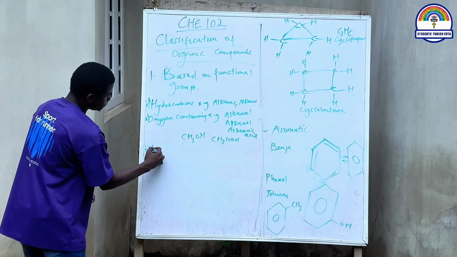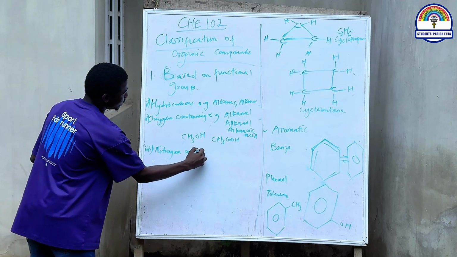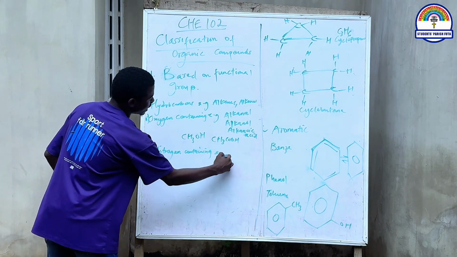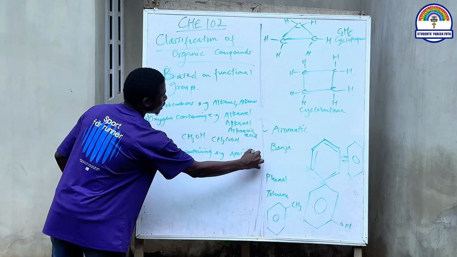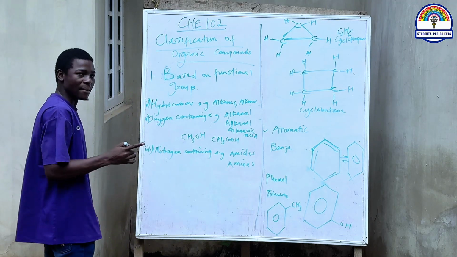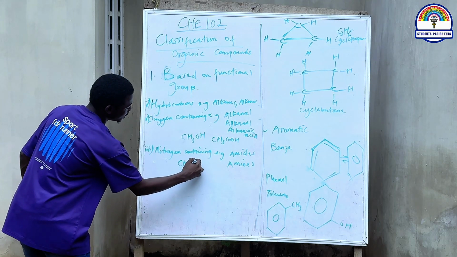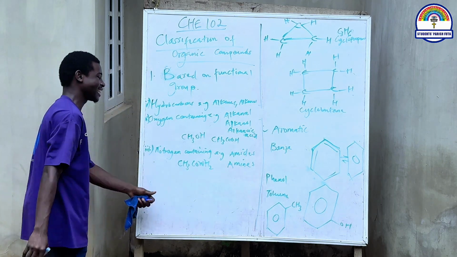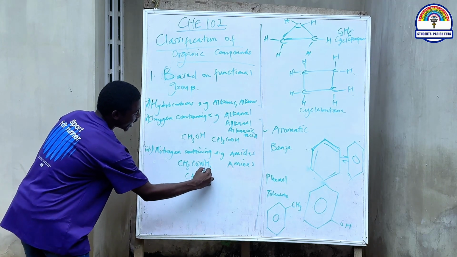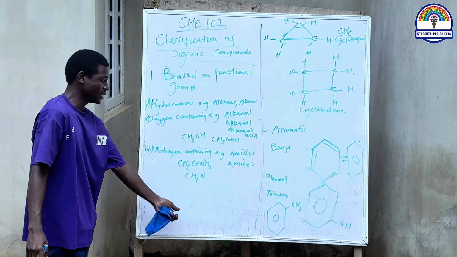Another one, you have the nitrogen containing. You have the likes of amides and amines. When you have CH3CONH2, like ethanamide, methanonitrile, and so on, methylamine rather.